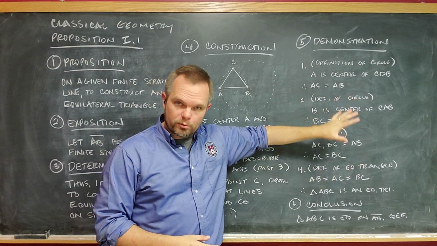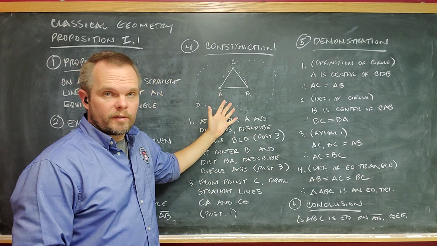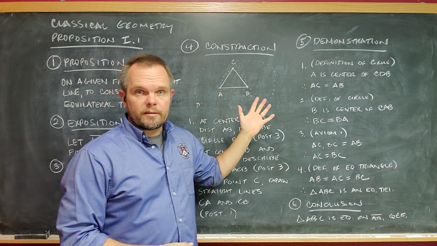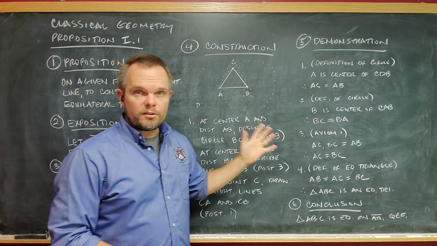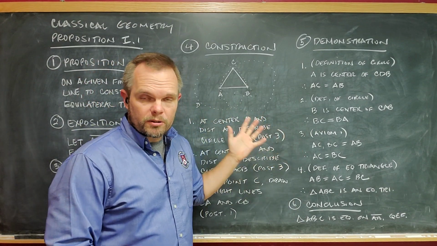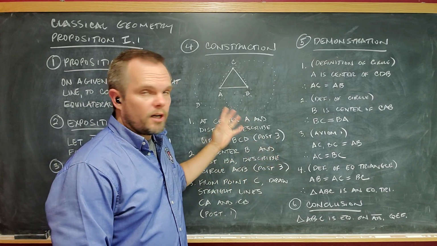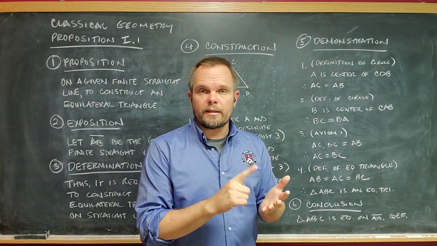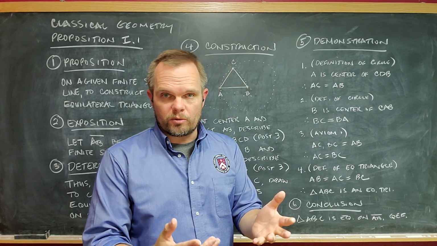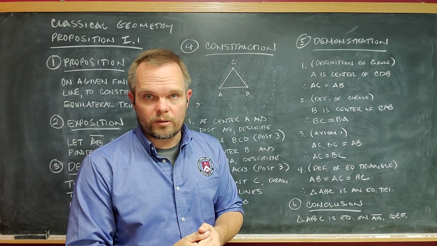So now we're going to prove that we have, in fact, completed the task before us in this proposition, and we've done so in a way that's absolutely certain because it's come only from the definitions, postulates, and axioms that were given to us in the elements. Okay?